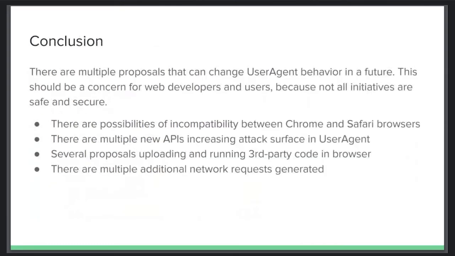As a conclusion, I want to say that these projects are impacting user agents a lot. They're changing a lot of basic functions implemented in browsers. We're changing request headers, we're changing the behavior of storages, we're changing the behavior of authentication flows.